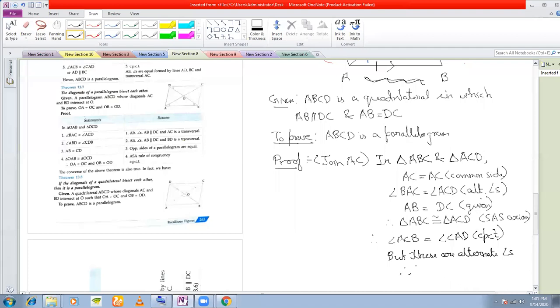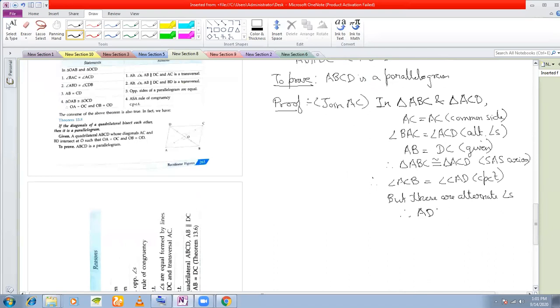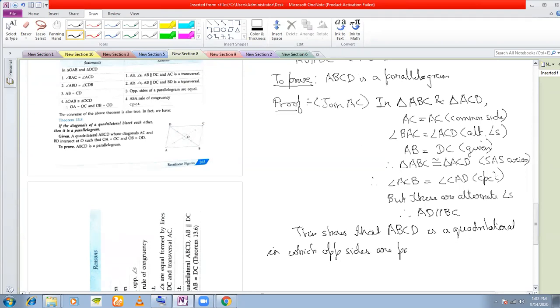But these are alternate angles. Therefore, I say AD parallel to BC. This shows that ABCD is a quadrilateral in which opposite sides are parallel. Hence, ABCD is a parallelogram.